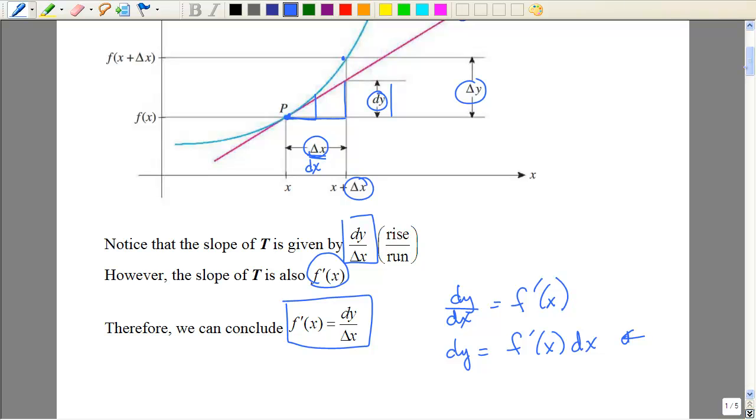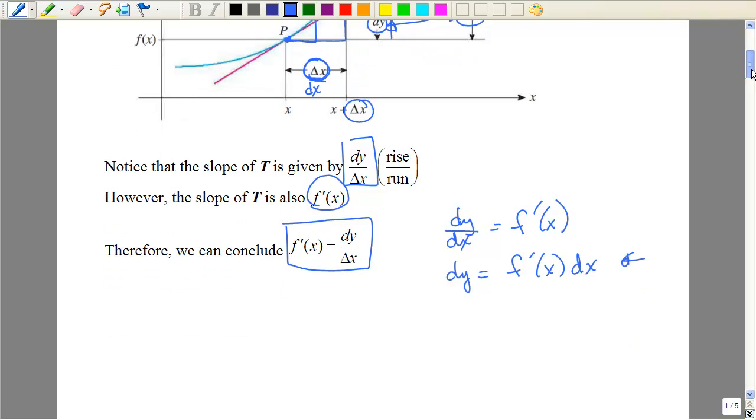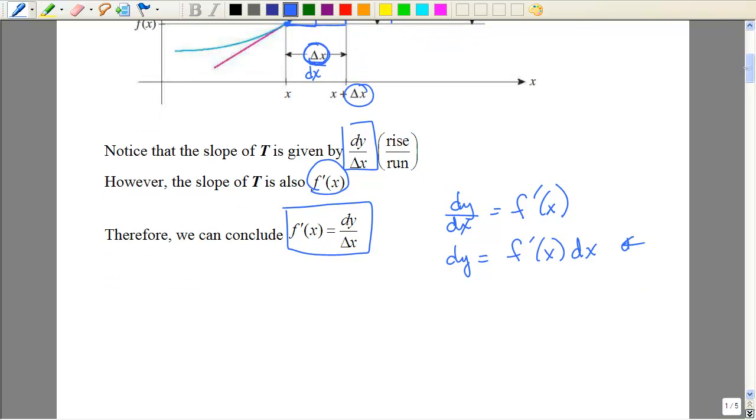But again, as this change in x, this delta x, or this dx gets smaller and smaller, these become closer and closer. So I can then conclude that delta y is a good approximation to the dy, and dy is what we would call that differential.